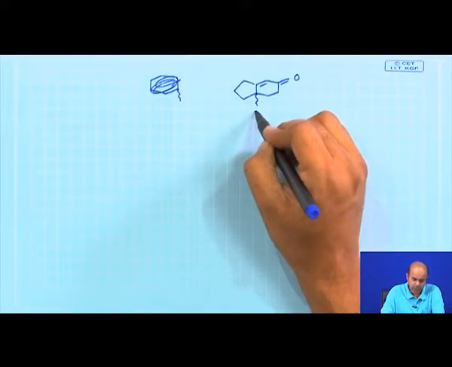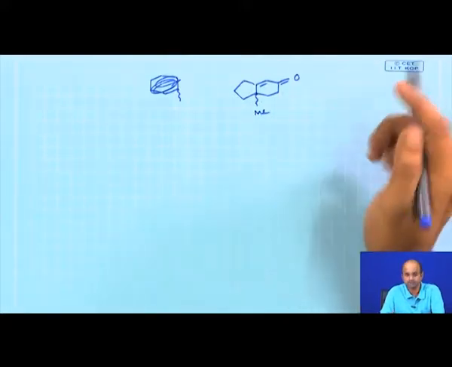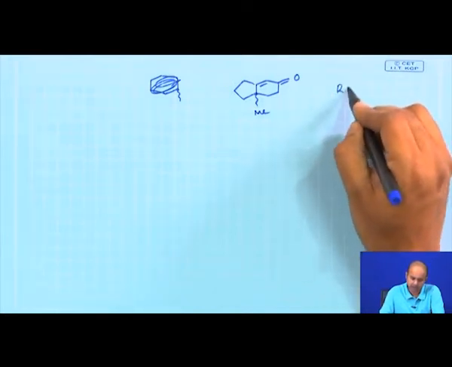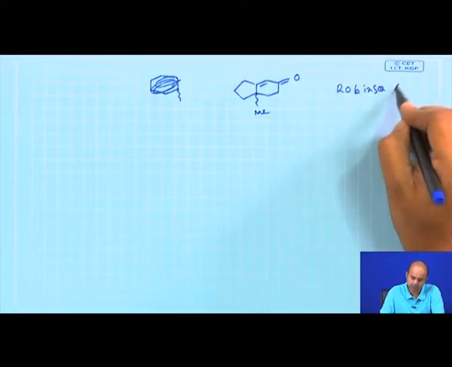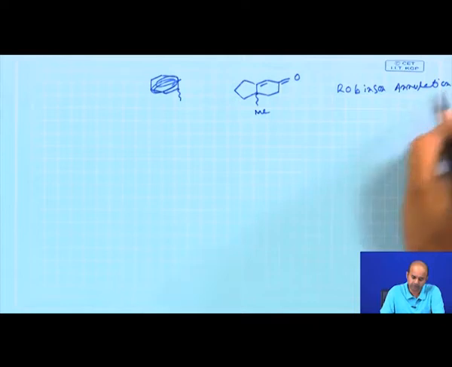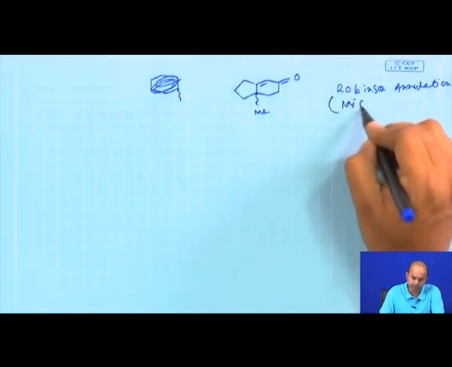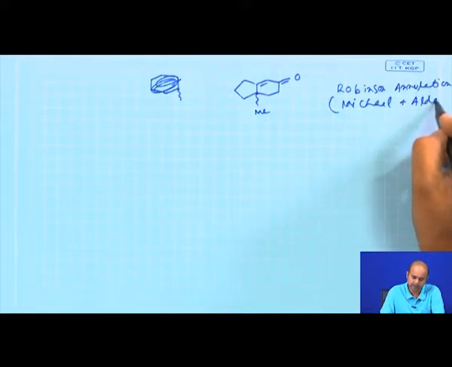Now, remember last week we talked about Robinson annulation, the ring formation reaction, which is nothing but a combination of Michael and aldol reactions.